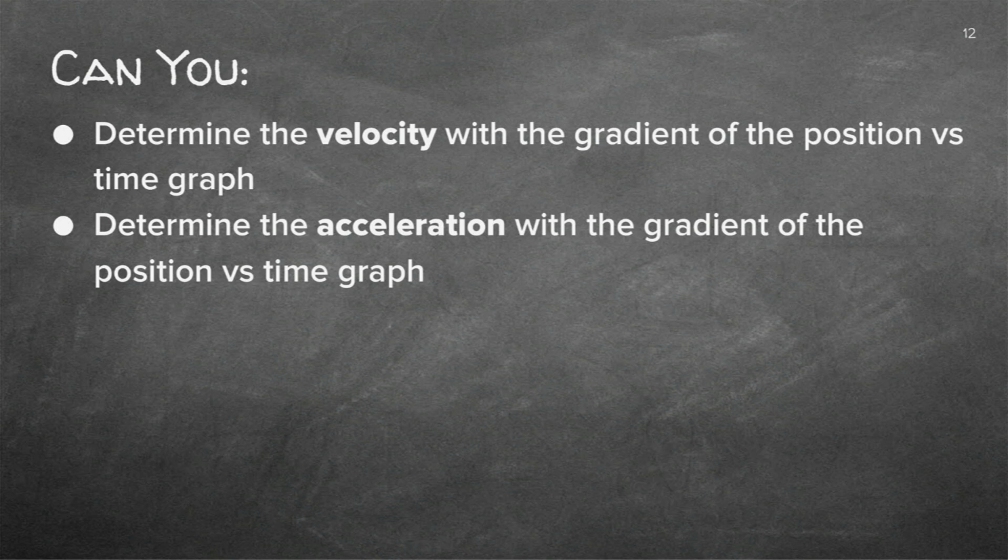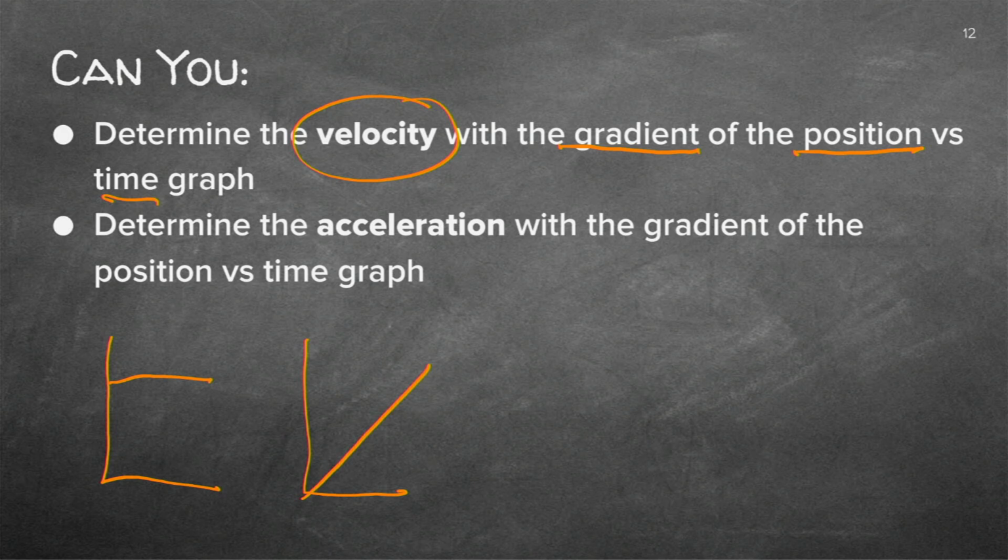I'm asking you now, can you determine the gradient of a position time graph? Yes, you can. And that will give you velocity. Let's quickly draw it. It can either be a constant position, which has got no gradient, or it can be an increasing gradient, which means there is a constant velocity, or an exponential. That will give me acceleration.